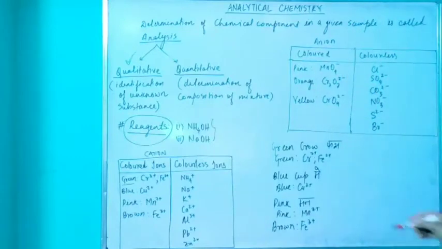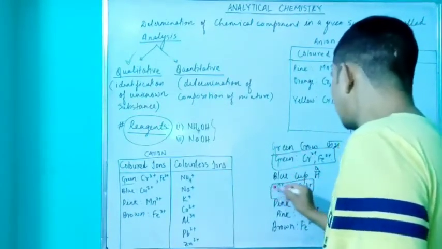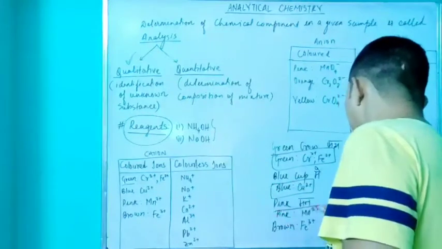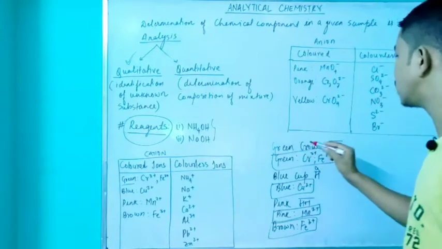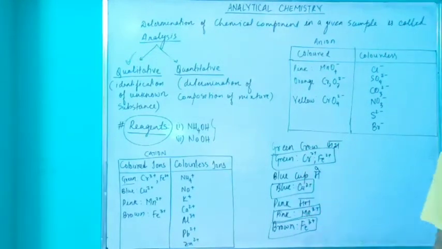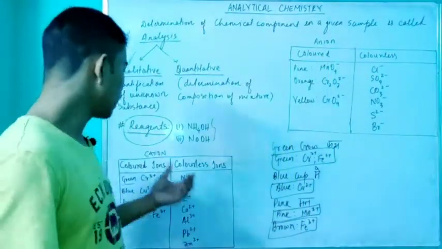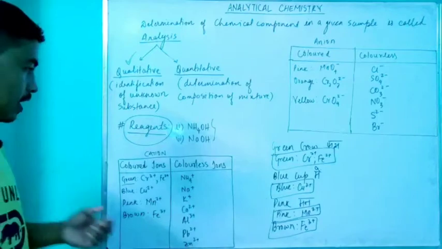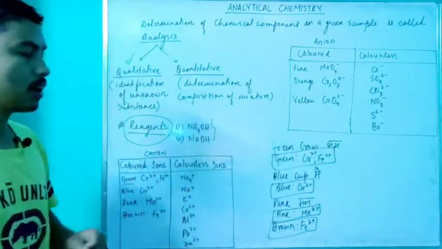So remember this: green crow Fasa, blue cup, pink man, brown Fe3+. In this way you can remember the names of the colored cations, and apart from these, the rest of them are all colorless.